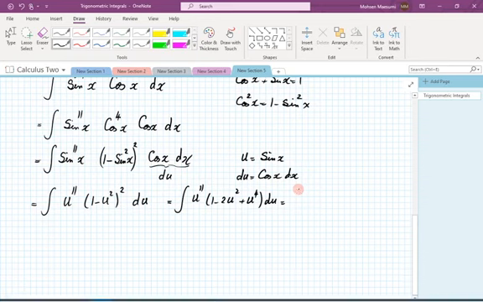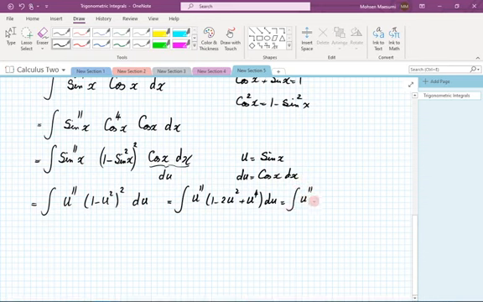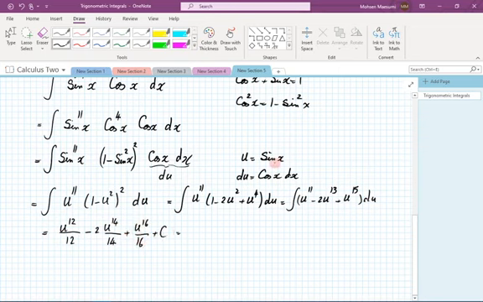Of course we are going to have u to power of 11 minus 2u to power of 13 plus u to power of 15 du, and the antiderivative is going to be u to the 12 over 12, minus 2u to the 14 over 14, plus u to the 16 over 16, and a constant, and then we do back substitution.